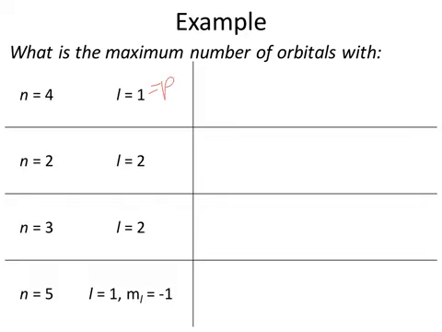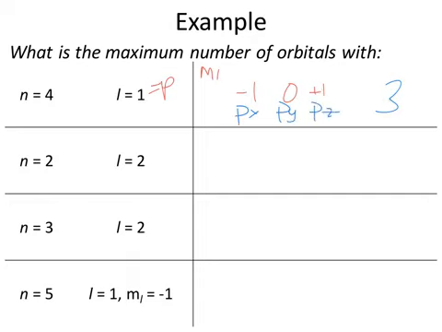So what we need to do is we have to find our ML. So our ML is from negative L to positive L, so it could be -1, 0, and +1. So we have three possible orbitals, so the maximum number of orbitals will be 3. Remember, this will relate to px, this will relate to py, and this will relate to pz.